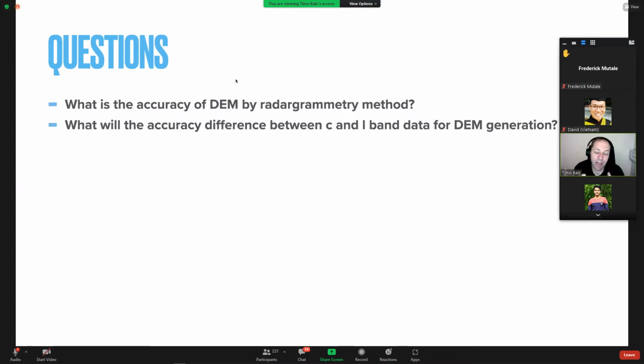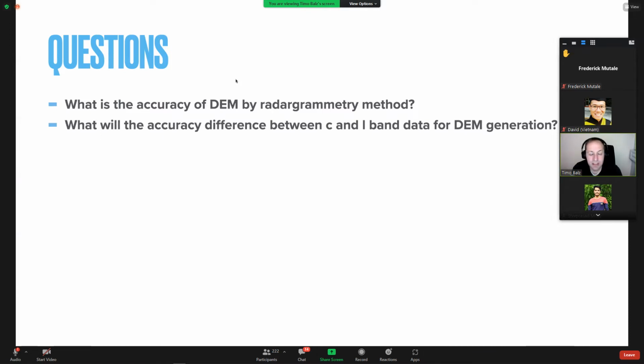So let's say you can identify the same pixel in both images, maybe on a pixel level, maybe in subpixel precision, maybe half of a pixel, something like that. But because it's on the pixel, it depends on the pixel size. So at the end, your accuracy also relates to the pixel size, to the resolution of the system you're using, right?